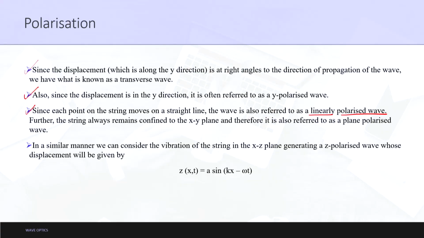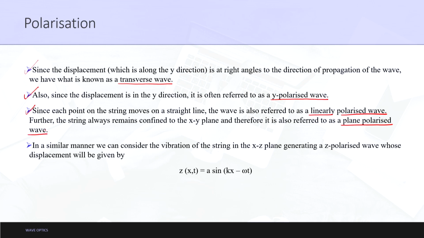Because every point on the propagation lies on a straight line, it is also called a linearly polarized wave. Because it is always on the xy plane only, it is also known as a plane polarized wave. You just need to remember these names: transverse wave, Y polarized wave, linearly polarized wave, and plane polarized wave. So these were different concepts.